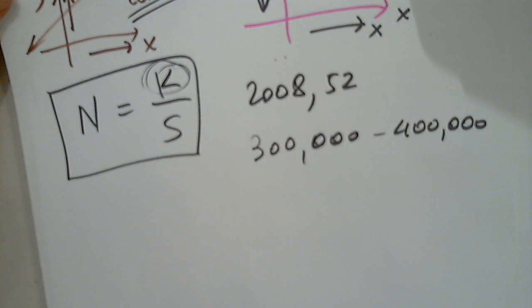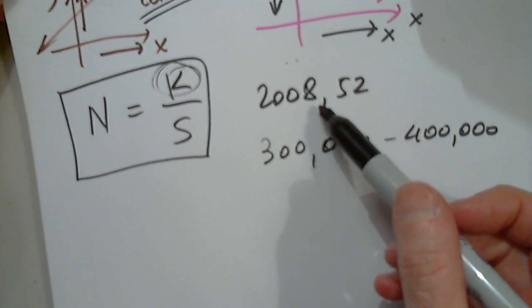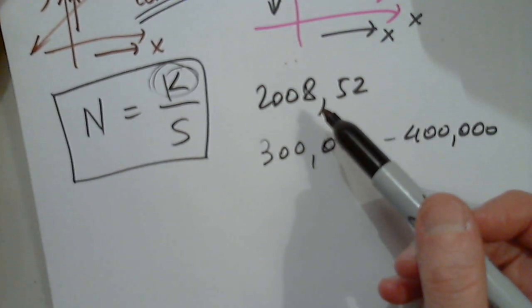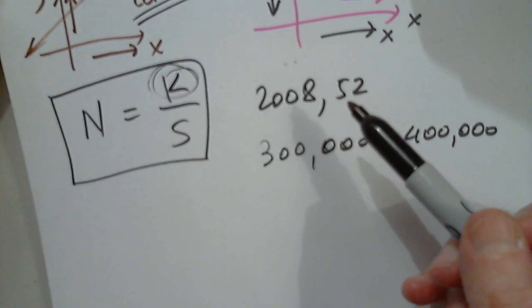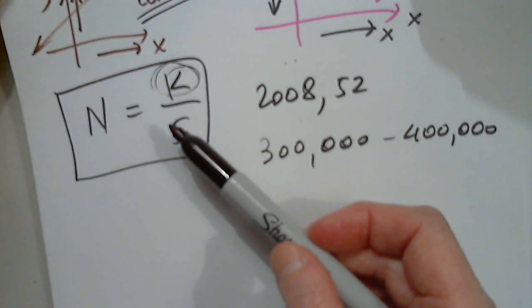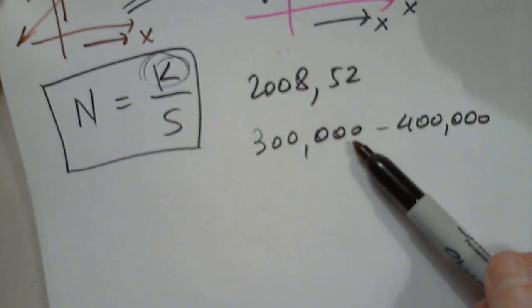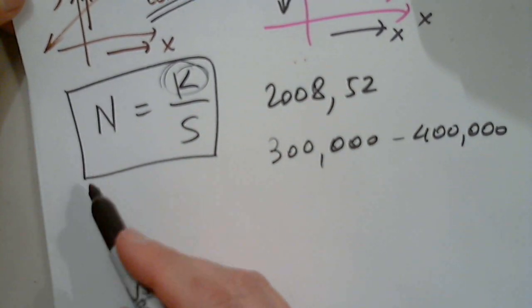Okay. And in 2008, so that's the number of cities greater than S. It's inversely with S. So they had 52.